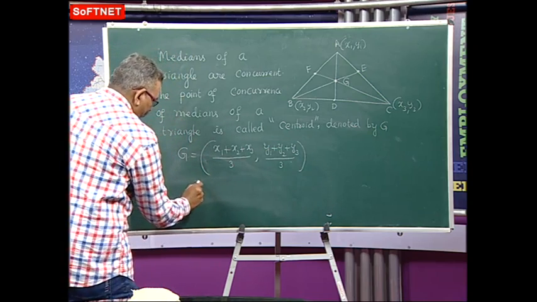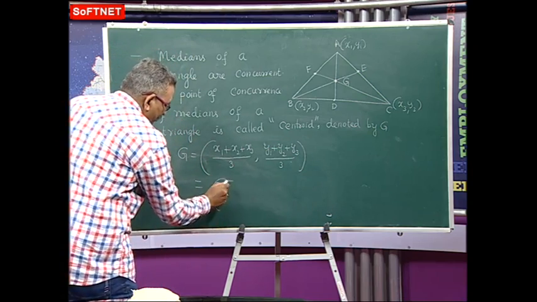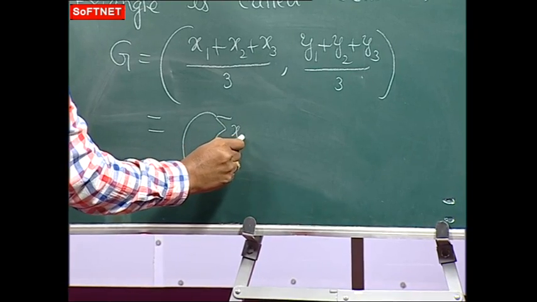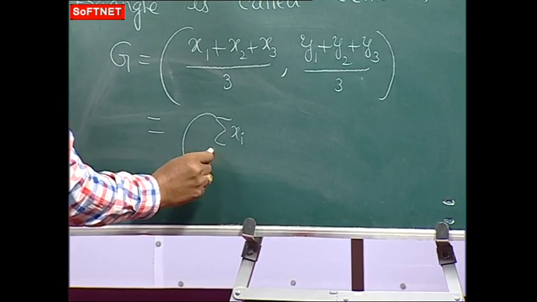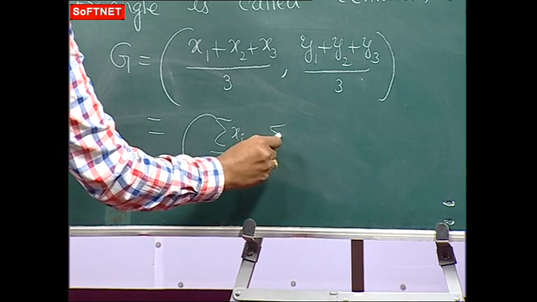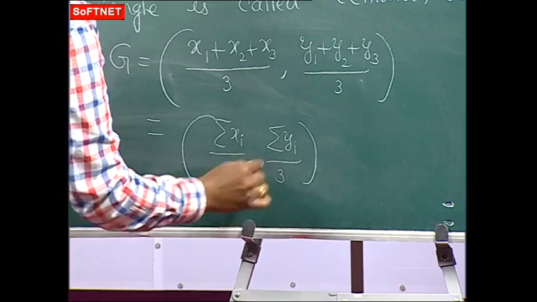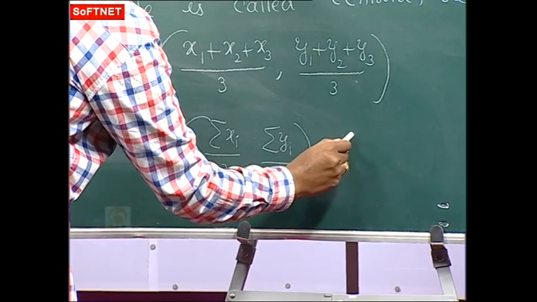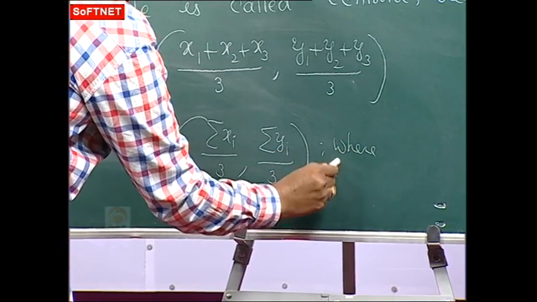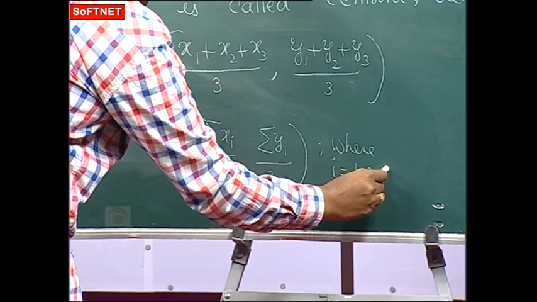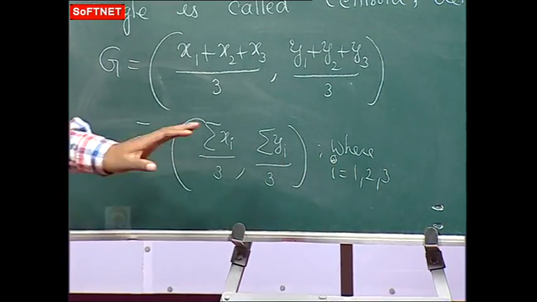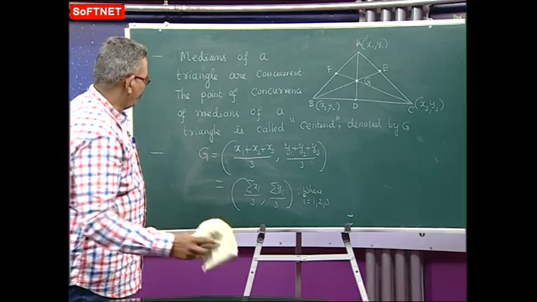Even this can be written shortly also like this, sigma xi by 3 comma sigma yi by 3, where i is equal to 1 to 3. You can remember it like this also. Okay.